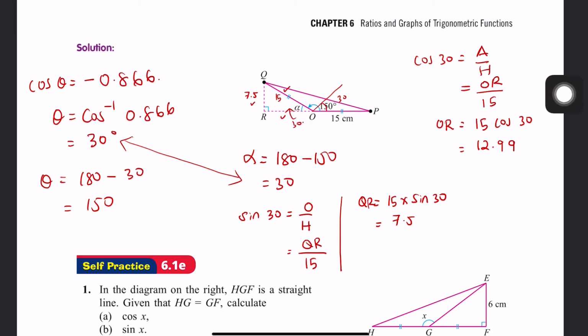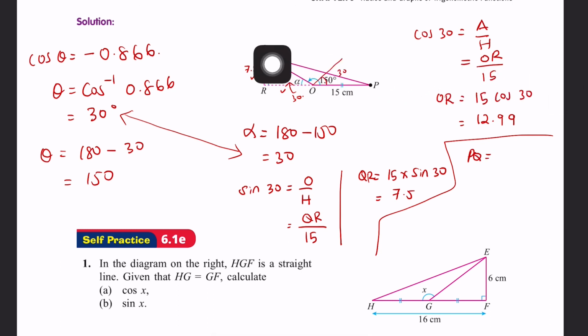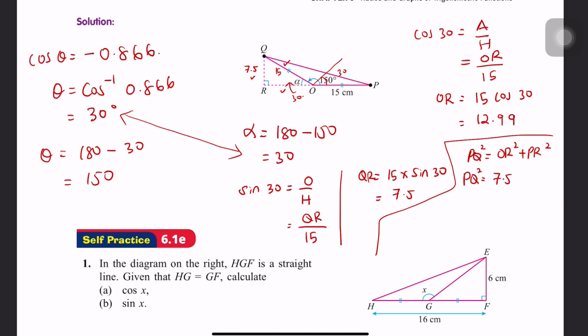Okay, so jarak PQ. Okay, so jarak PQ. So PQ is equals to, nampak tak? Dia ada satu segitiga yang besar ni. Okay, so PQ square is equals to OR square plus PR square. Guna Pythagoras theorem. So PQ square is equals to 7.5 square plus 27.99 square.